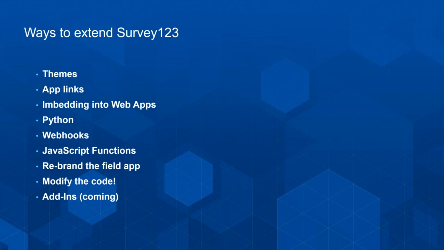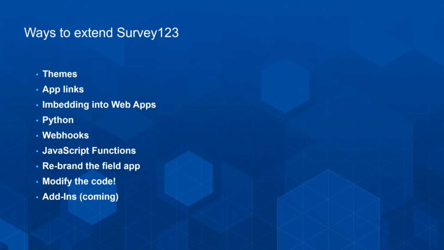You can rebrand your field app with total branding and colors and icons that you may want. You might want to modify the code of the app itself to give it some new functionality.